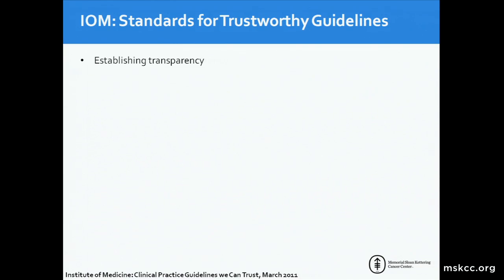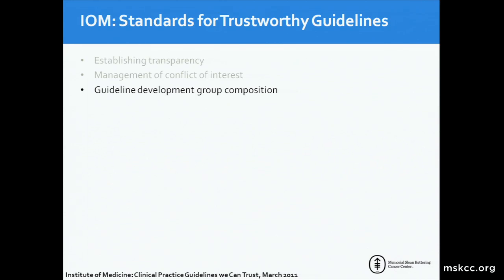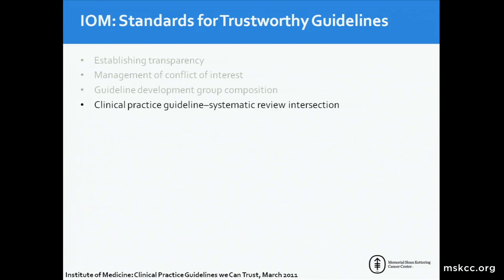Okay, so what were the standards? Transparency, management of conflicts, guideline development, group composition, and interestingly, in the IOM world, they didn't want domain experts to be involved. They actually wanted guideline experts to be involved, and I actually disagree with that quite strongly, and we disagree with that in the NCCN.